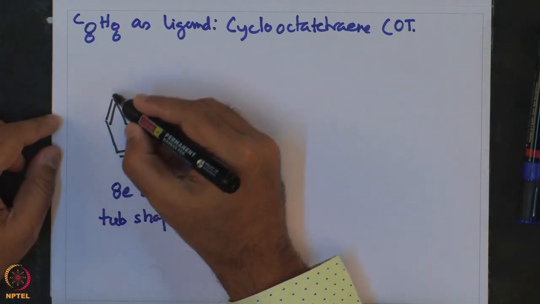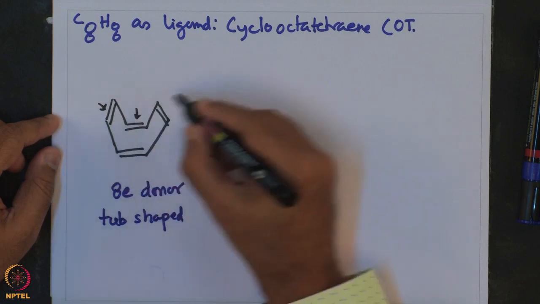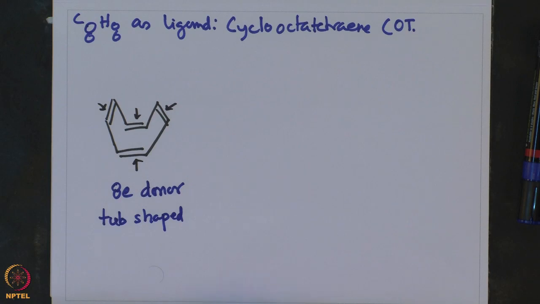The 8 electron donation occurs from here, here, here, here. So, there are 4 double bonds giving rise to an 8 electron donor.